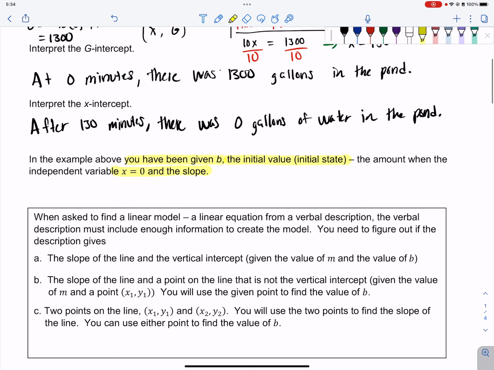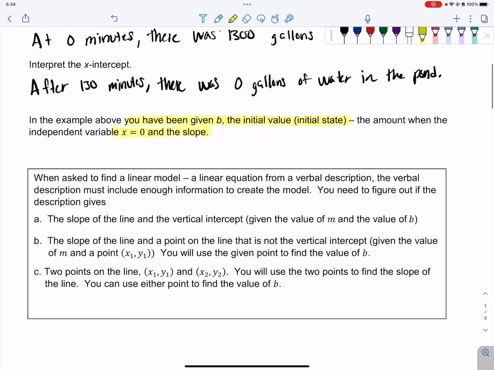A lot of the time we're not going to have exactly that information, but we might be given other stuff. So to write a linear model, we need to figure out, do we have the correct information to be able to write it, and where do I go from there with the information that we have?